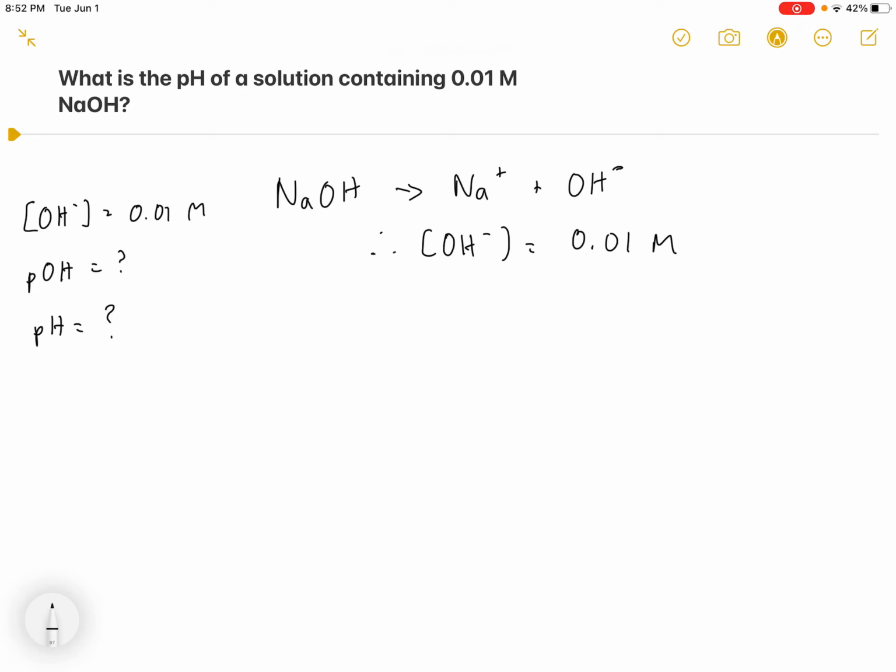So our first step is to use the pOH formula, which is very similar to pH. So it's pOH equals the negative log of the concentration of OH minus. So it's the negative log of 0.01 molar, or the negative of -2.